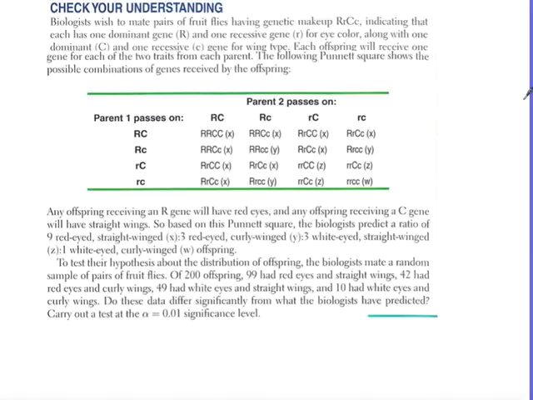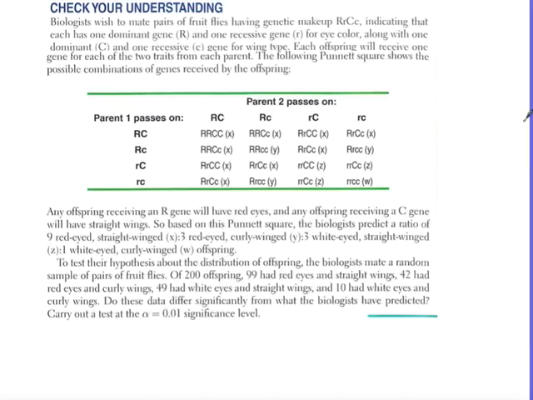Each offspring will receive one gene for each of the two traits from each parent. The following Punnett square shows the possible combinations of genes received by the offspring. Any offspring receiving a dominant R gene will have red eyes, and any offspring receiving a dominant C gene will have straight wings.